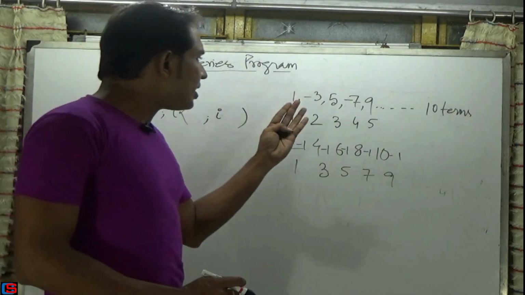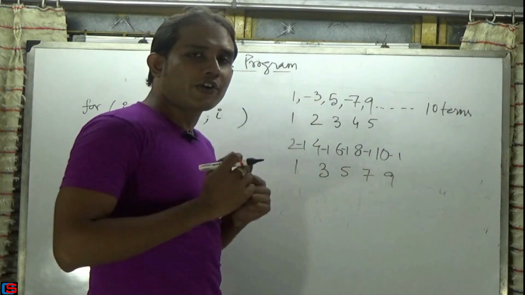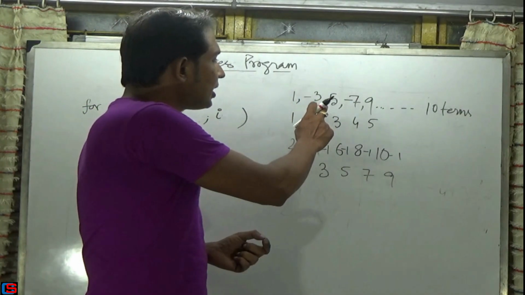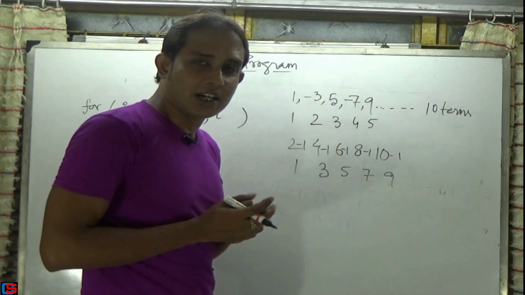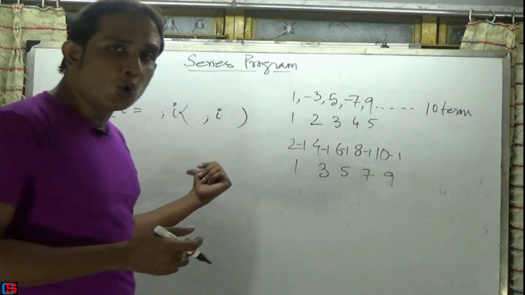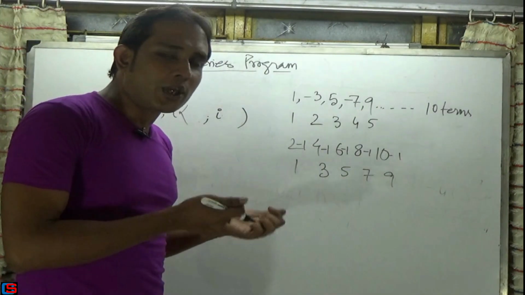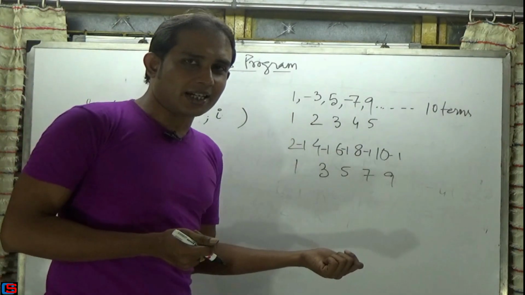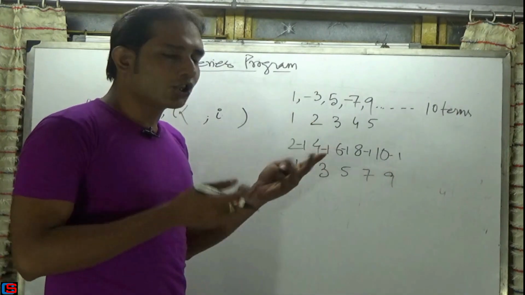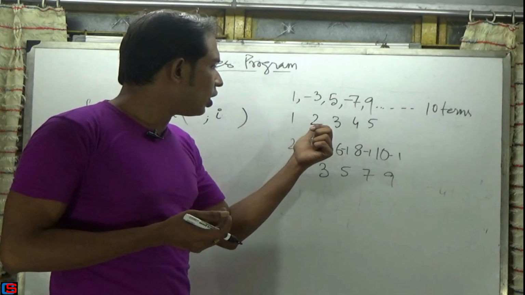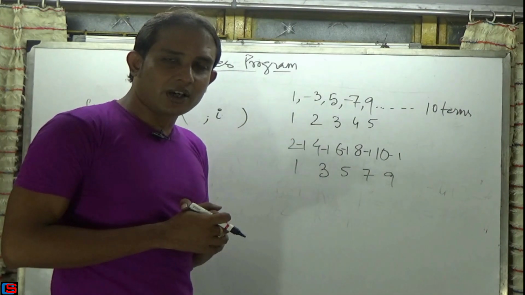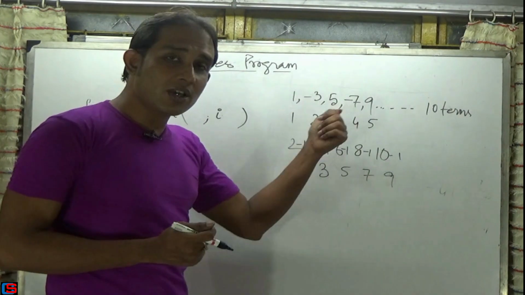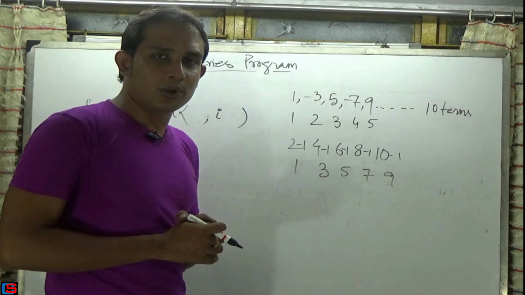You can see the minus sign is actually in the even positions, and in the odd positions the positive sign is carried. So within the loop, I am going to use the if else condition to check whether the value of position is odd. If it is odd, then the positive value is printed, and if it is even, then the negative value is printed.